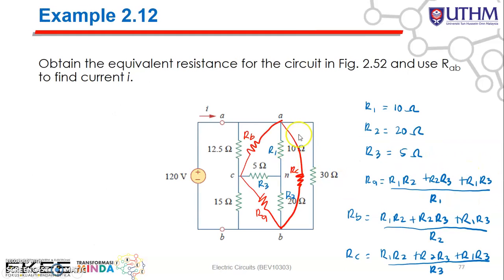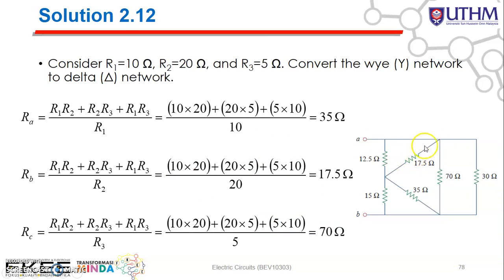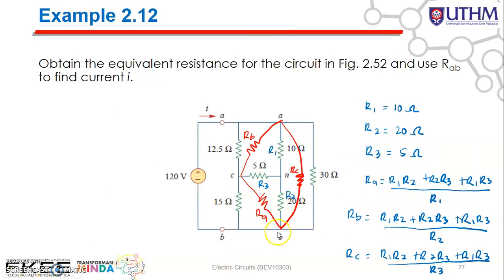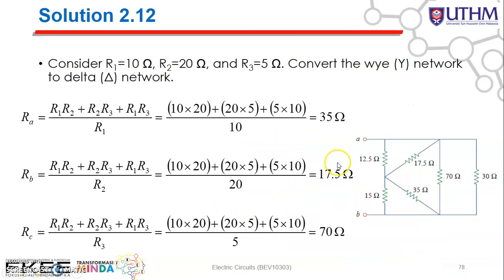RB is parallel to the 12.5 ohm, and RA, 35, is connected to the 15 ohm. Okay, so this is your new equivalent circuit.